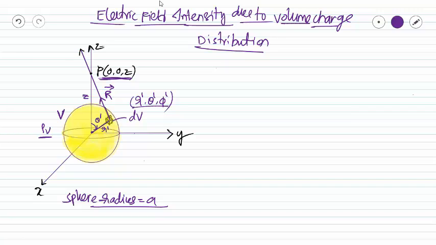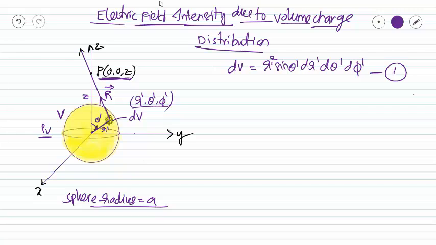First is dv. Because this is a small differential elemental volume, in the spherical coordinate system dv is r dash square sine theta dash dr dash d theta dash d phi dash. This is the expression for the differential elemental volume dv.